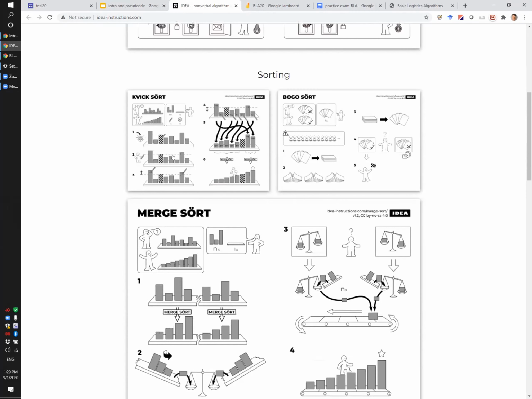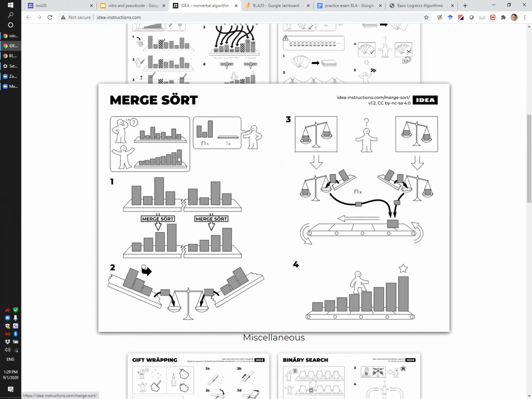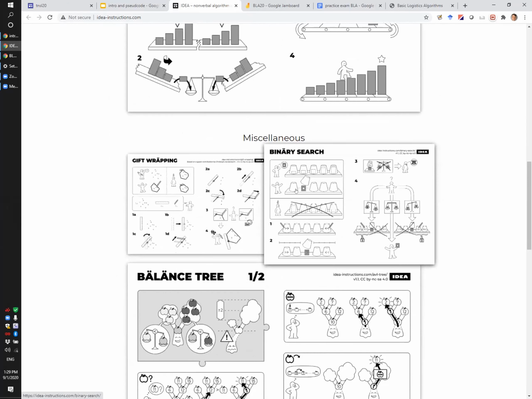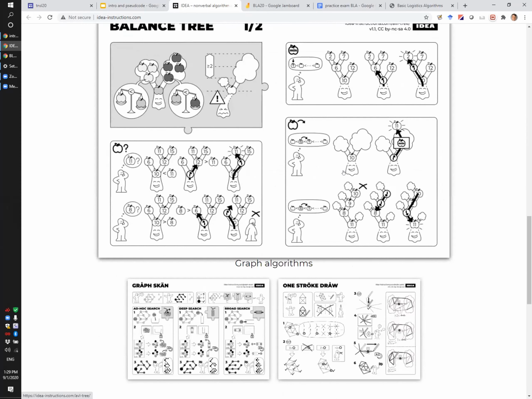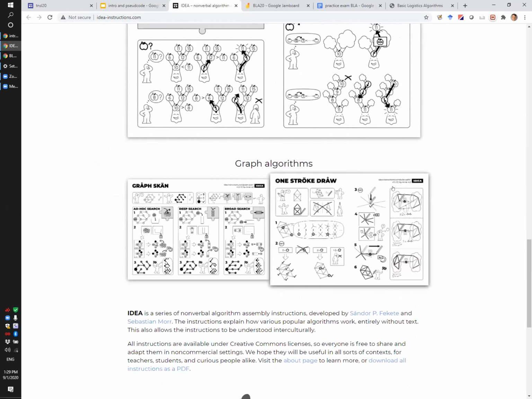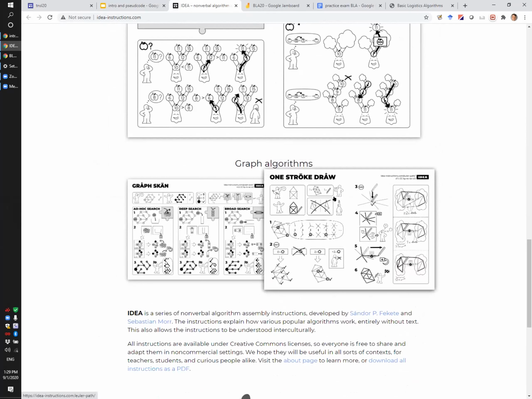And there are different algorithms, like how do you do sorting? What they're trying to do here, with a certain degree of success, is to do it without any text, just by pictures, showing the decisions that you have to make and so on. Unfortunately, at least last time I checked, none of the algorithms that we cover in this course is in here, but nevertheless, you can look at them.